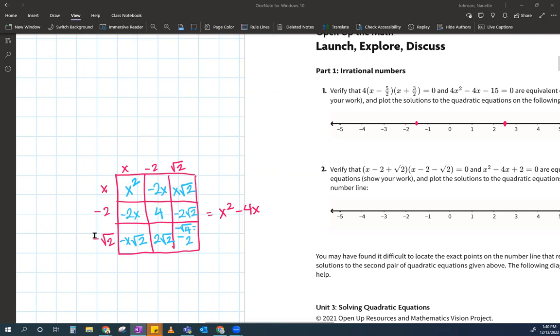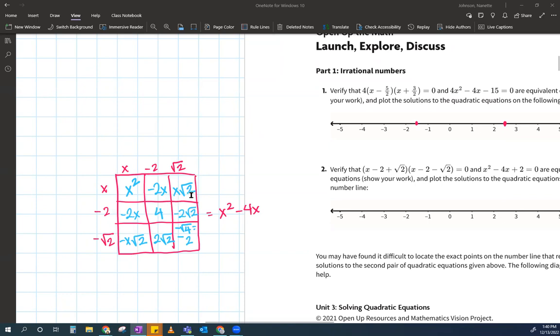What do you see that's neat that happens here, guys? Anybody? Come on, try. What do you notice about a -x√2? Who is its like term?